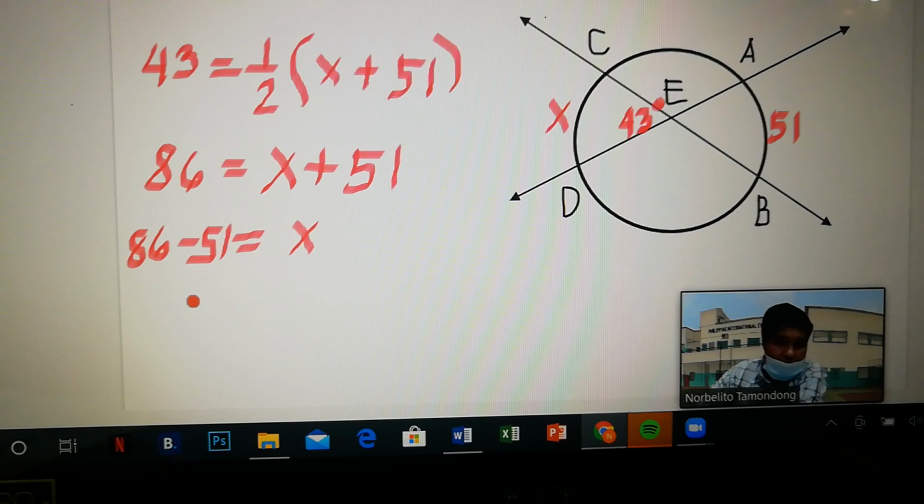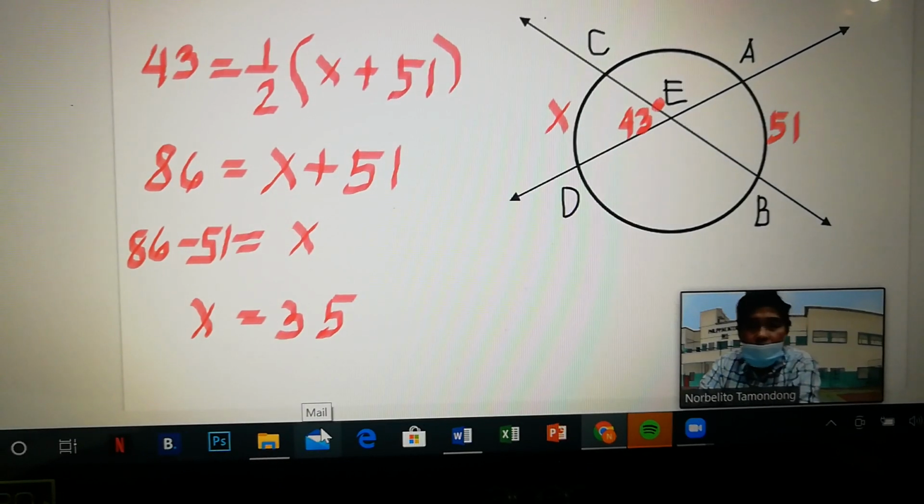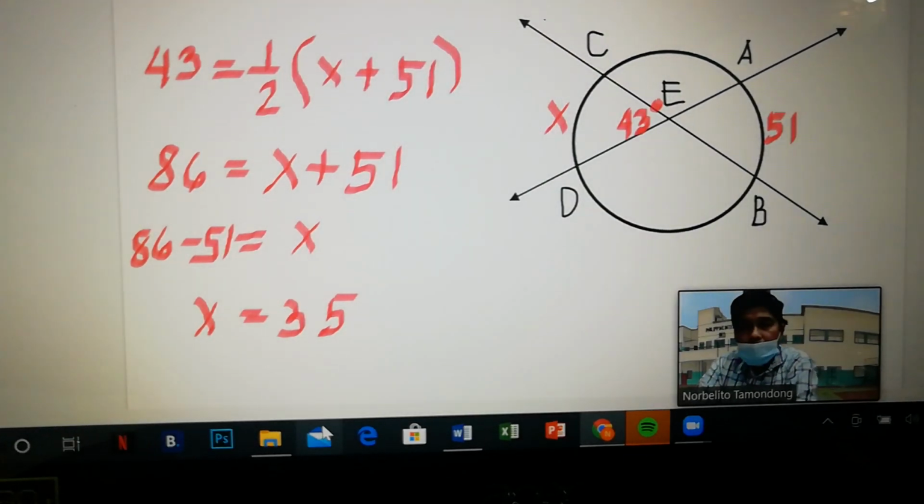So your x therefore is equal to 6 minus 1 equal to 5, and 8 minus 5 equal to 3. So therefore the measure of the intercepted arc is equal to 35.